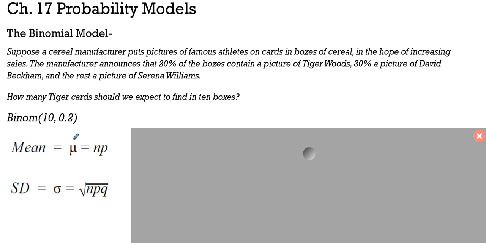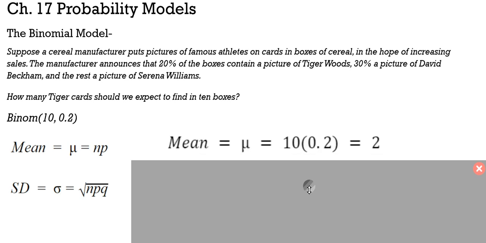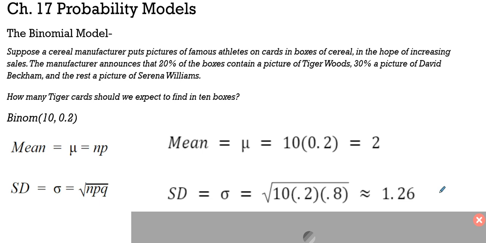So if we have 10 trials and we expect 20% of them to be Tiger Woods cards, it's reasonable to think that we would expect 2 Tiger Woods cards in that group of 10. Doesn't mean it's going to be, but that's what we would expect based on the probability of success. Standard deviation is the square root of n times p times q. That's a little messier, but we would be able to calculate that. So we would expect 2 with a standard deviation of a little over 1 1/4.